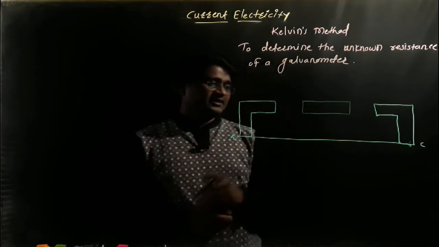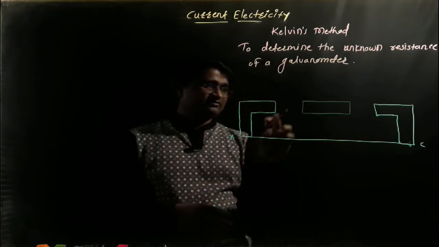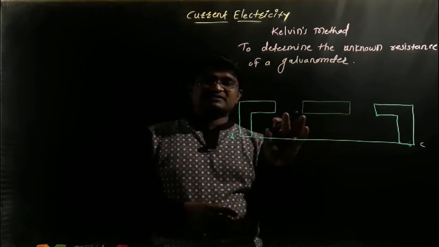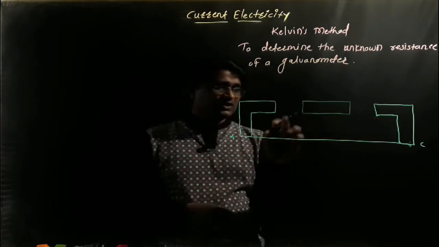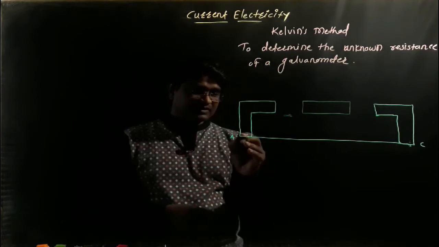Through the central metal strip we get two gaps, the left gap and the right gap.